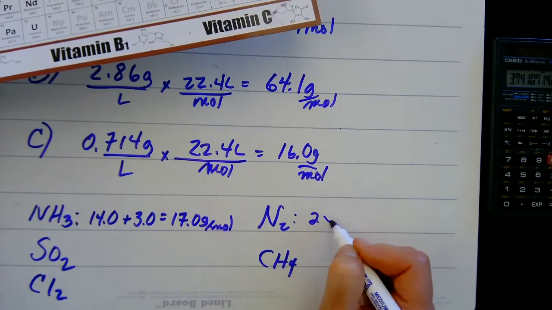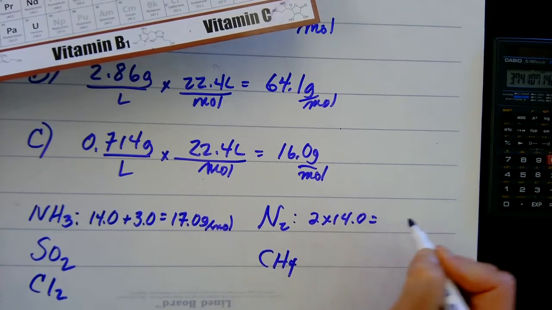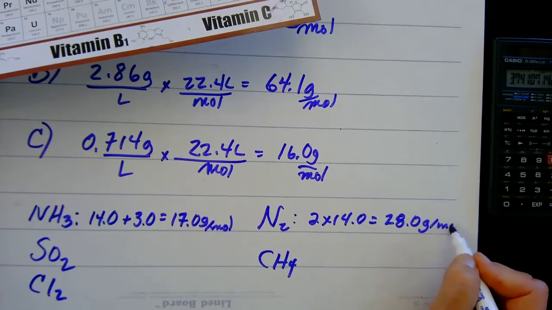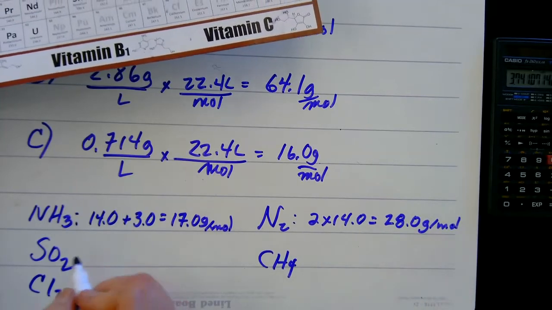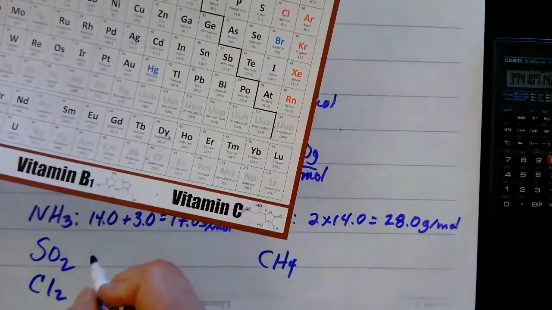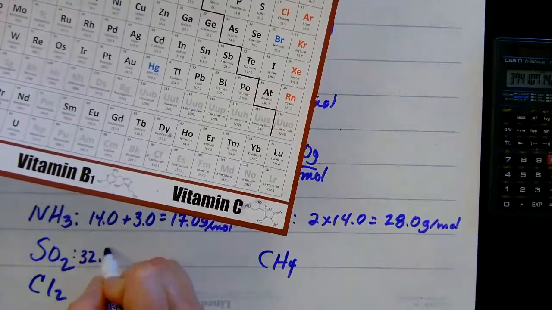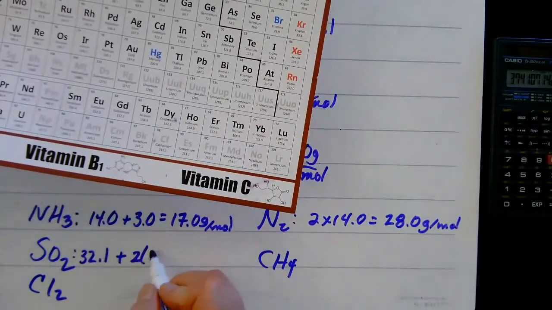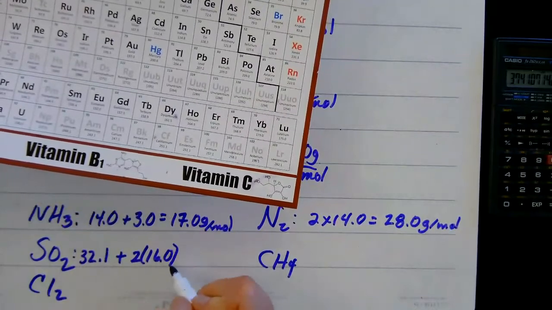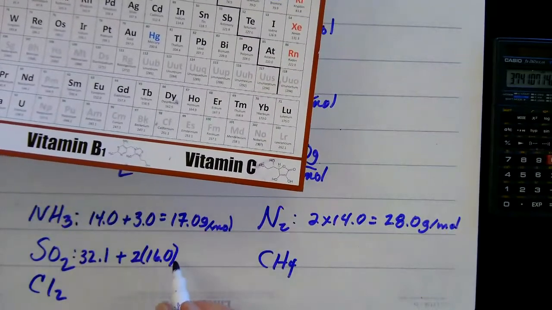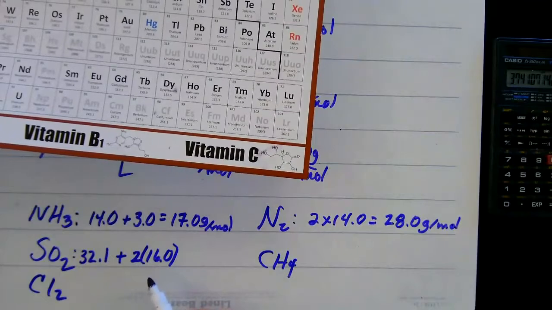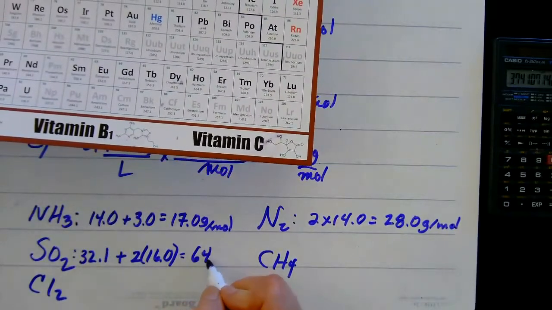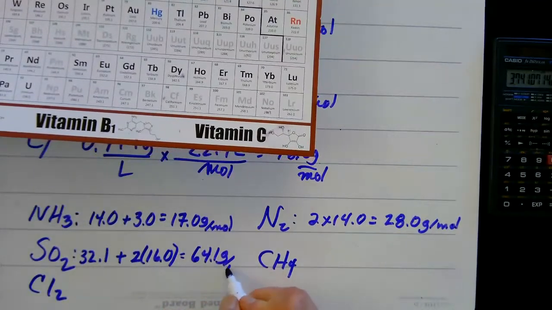This would be 2 times 14.0, which gives us 28.0 grams per mole for N2. For SO2, we look for sulfur, 32.1, plus 2 times the mass of oxygen. Each oxygen atom is 16.0, so times 2 gives us 32.0, plus the other 32.1 is 64.1 grams per mole for SO2.